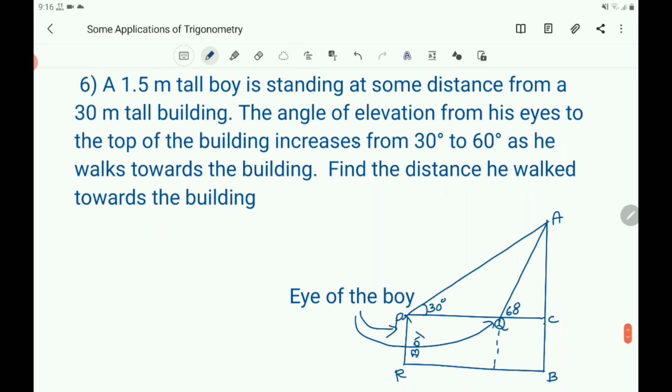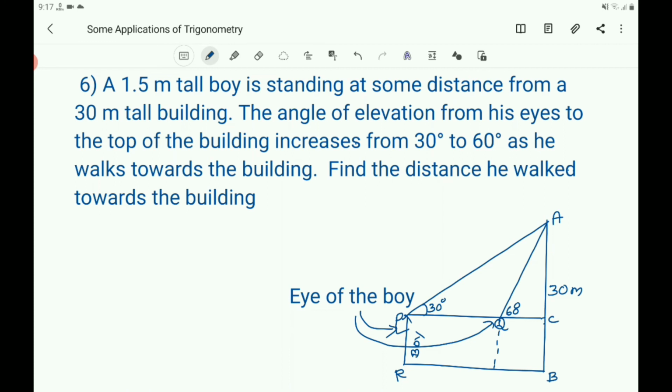Here, let us consider PR is a boy. His height is 1.5 meter. He is standing at some distance from a tall building. What is the height of the building here? That is a 30 meter tall building.